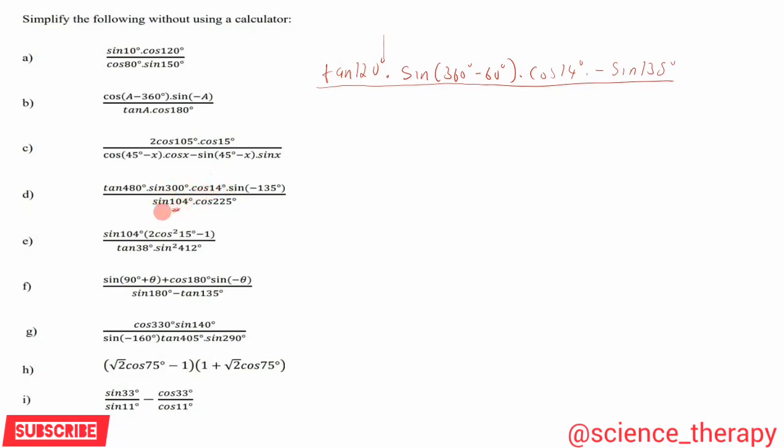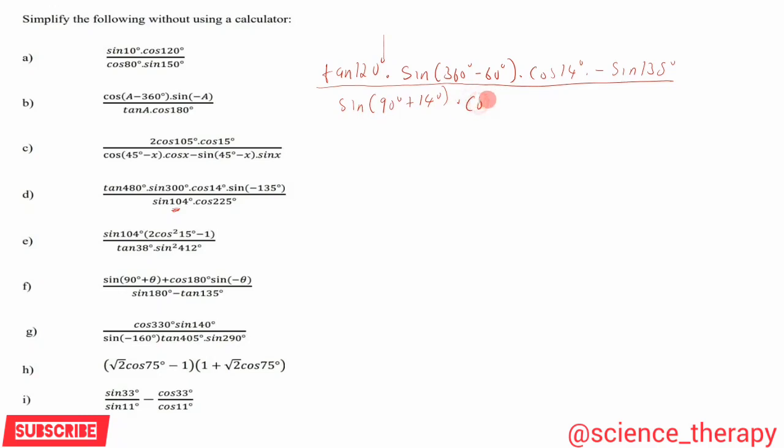We want to change this so that we can cancel out the non-special angles, right? So writing sine 90 plus 14 degrees, we are using the fact that sine and cos are cofunctions, so this sine will change to cos.